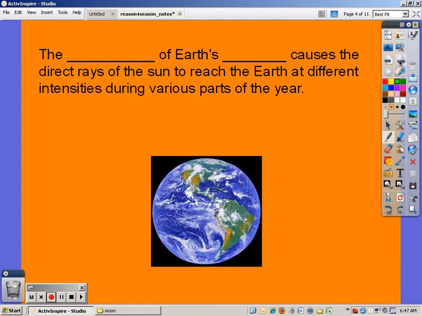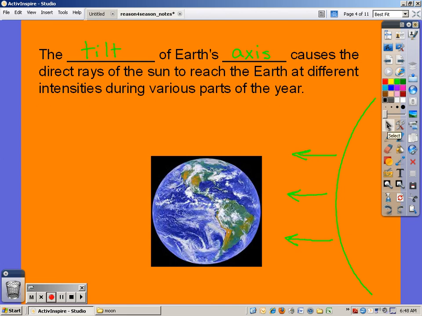The tilt of the Earth's axis causes the direct rays of the sun to reach the Earth at different intensities during various parts of the year. So, for instance, let's say your sun is over here, or our sun, and its rays are pointing in that direction, coming to the Earth.